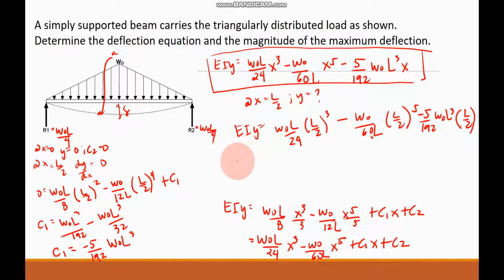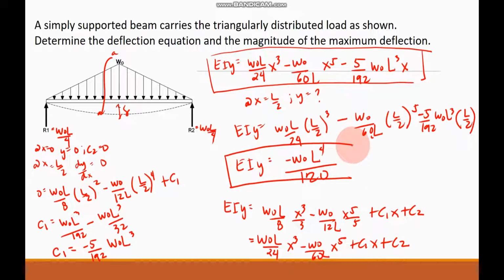Yan. Therefore, the simplified equation would be equal to negative WO L raised to 4 all over 120. So, this is now our maximum deflection that will occur on the midspan.